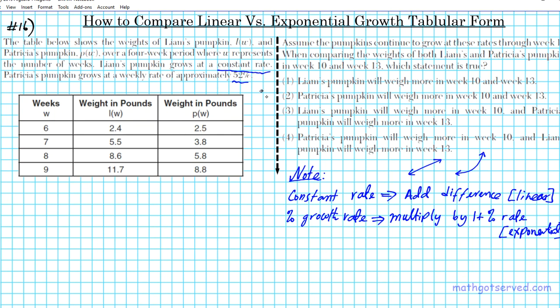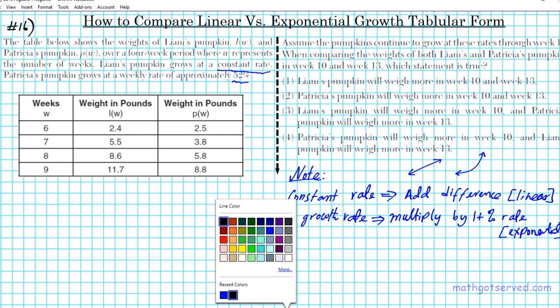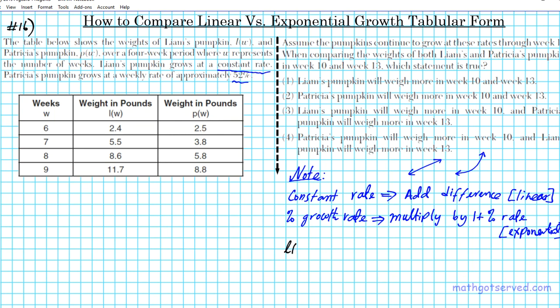Liam's and Patricia's pumpkin. Okay, so for Liam's pumpkin, we want to see what L of W looks like. So for Liam, we have L of W. Since for L of W we have a constant rate, what are we going to do every single time? Well, we have to determine what the growth rate is. So from 2.4 to 5.5, the constant difference, if you do the calculations, 5.5 minus 2.4 is 3.1.